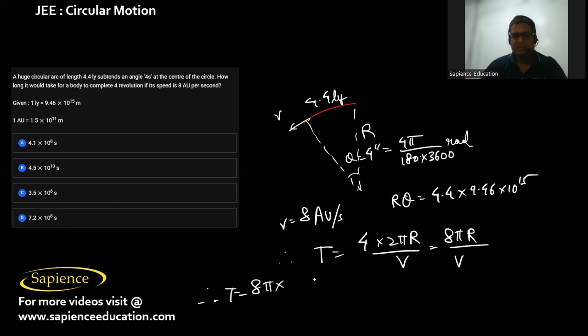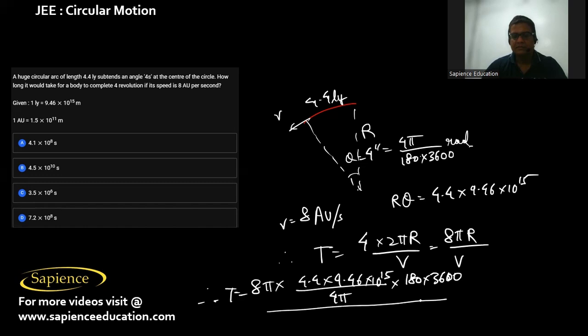R will be 4.4 into 9.46 into 10 power 15 divided by theta. Theta is 4 pi by 180 into 3600, and that divided by v. V is 8 astronomical units, so 8 into 1.5 into 10 power 11. So this much second it will come.